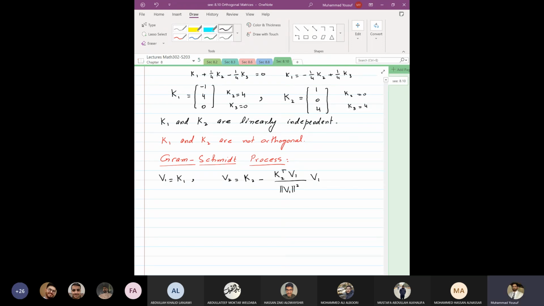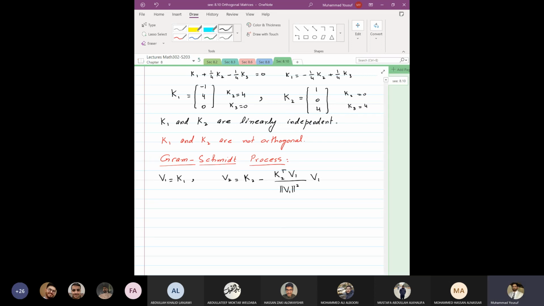You will see that these V1 and V2 are also eigenvectors. And a special thing about V1 and V2 is that they will be orthogonal.